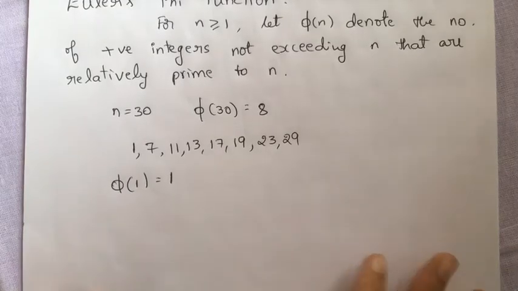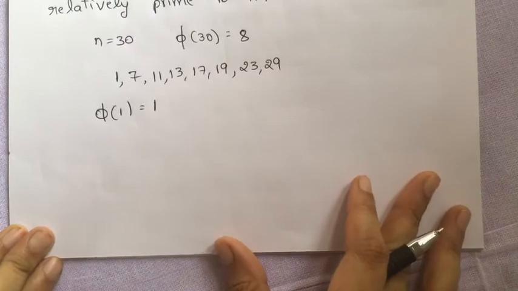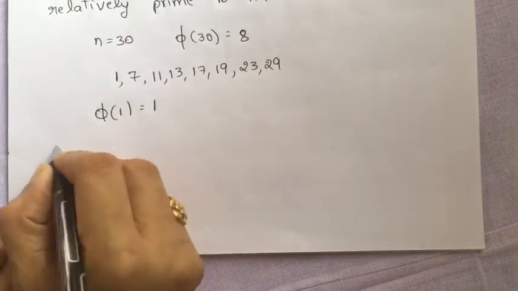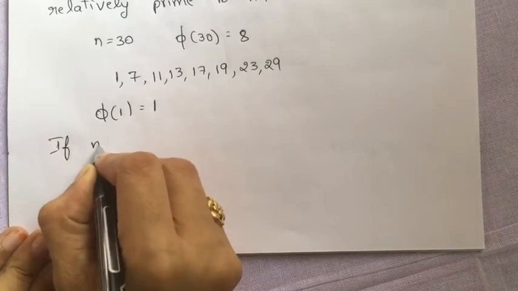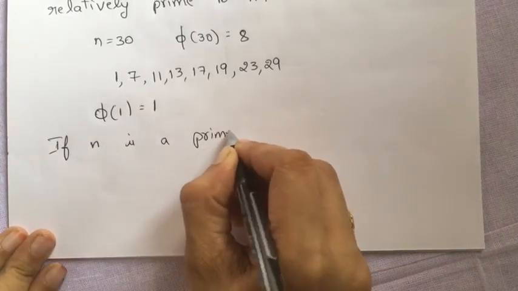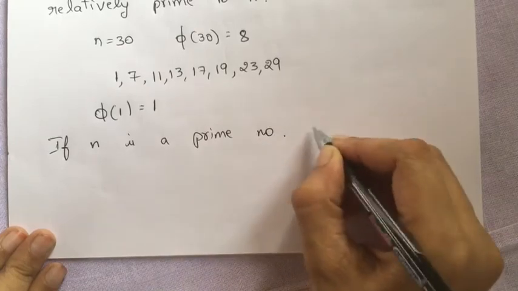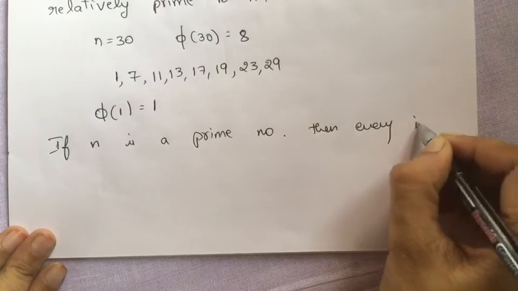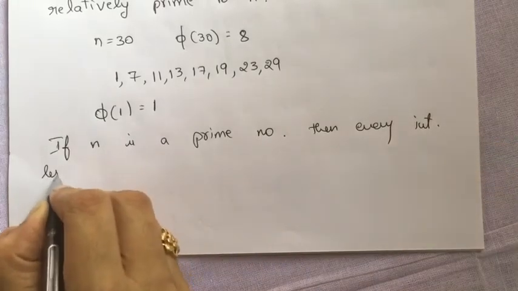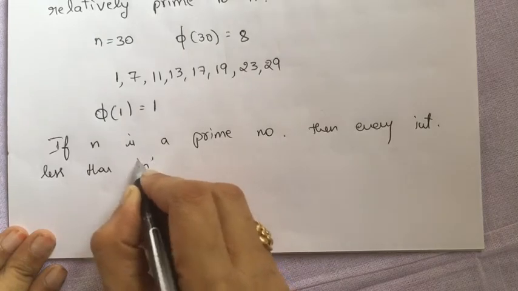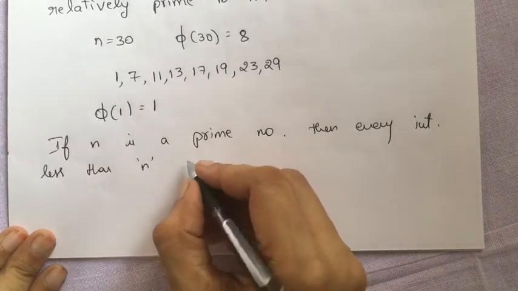Okay, and one more thing you can observe is that if n is a prime number, then every integer less than n is relatively prime to it.